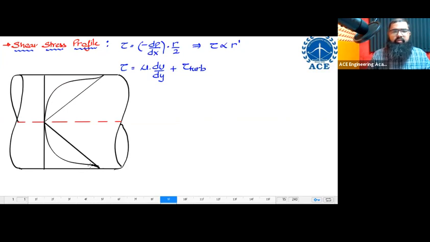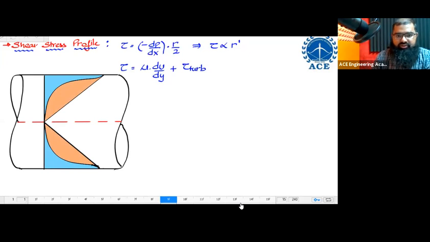This part over here represents laminar shear stress, whereas this part over here represents turbulent shear stress.